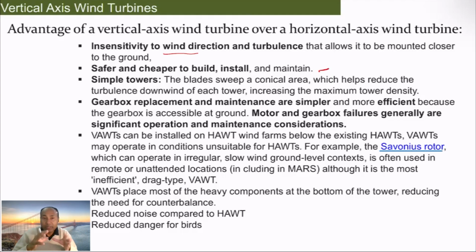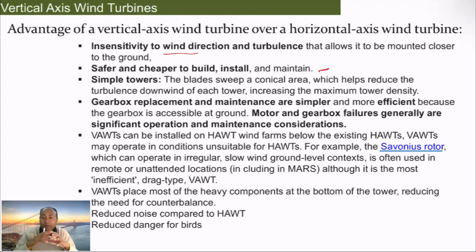You have a very simple tower, so the blade sweeps a conical area. Replacement and maintenance are much simpler compared to the horizontal axis wind turbine, because in the horizontal axis wind turbine, your gearbox and everything sit inside the nacelle, which is a few meters above the ground level, where someone has to go up there and do the maintenance.